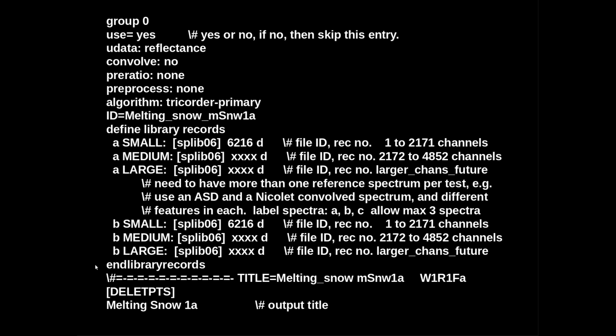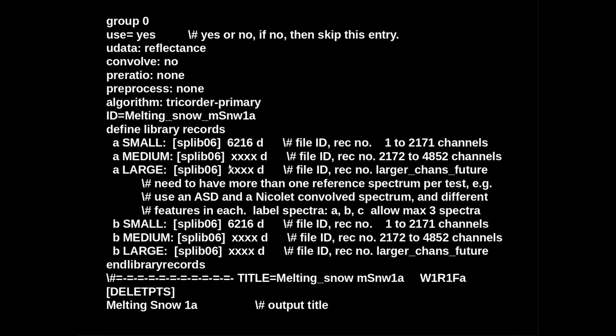There's an A here and a B here, so you can actually have 2 spectra. For example, you may have your reference spectrum measured in the vis near IR with one spectrometer, and the IR measured with an FTIR spectrometer. You could define the FTIR spectra with a different record number here. In this case, it's the same.